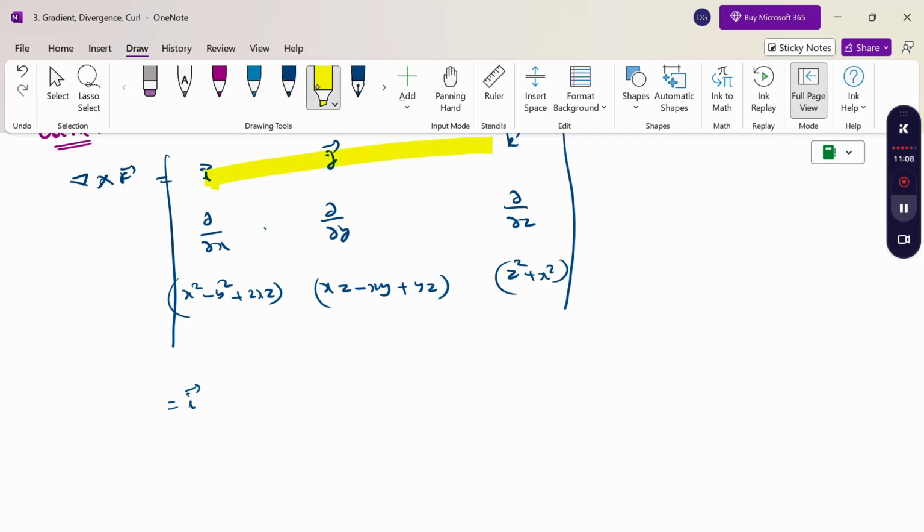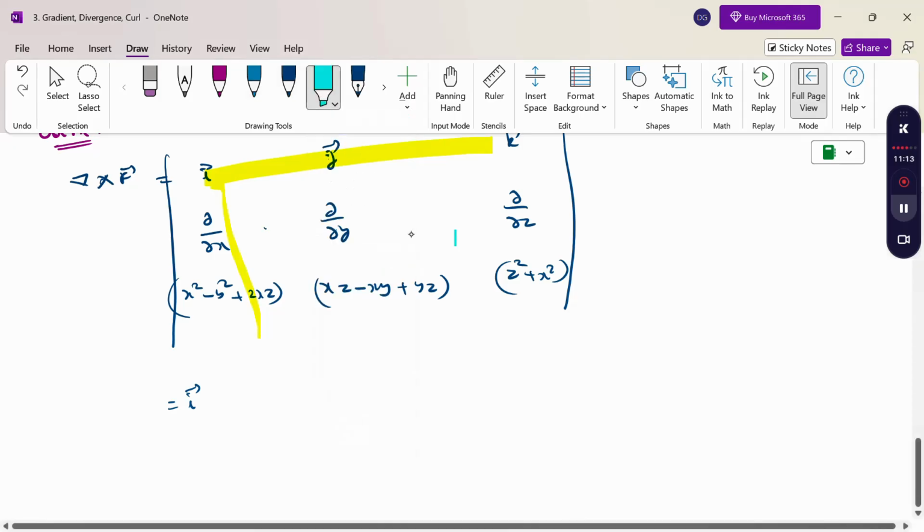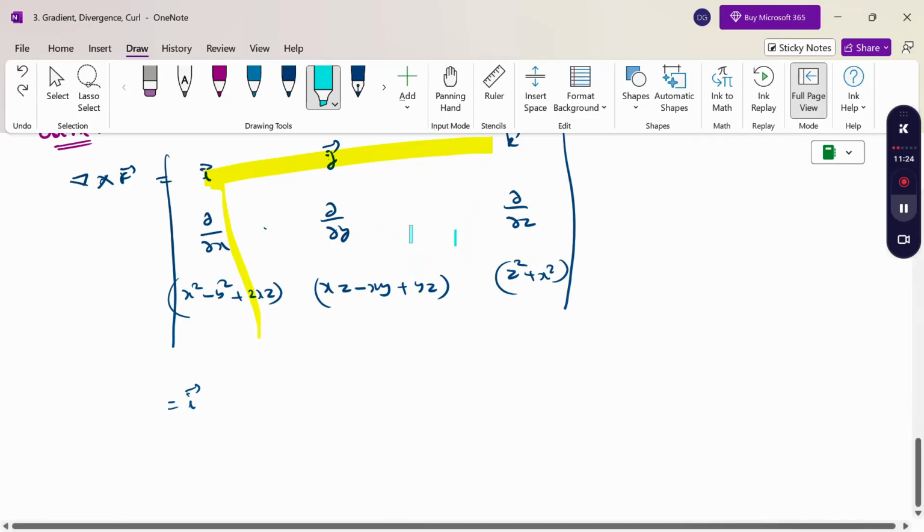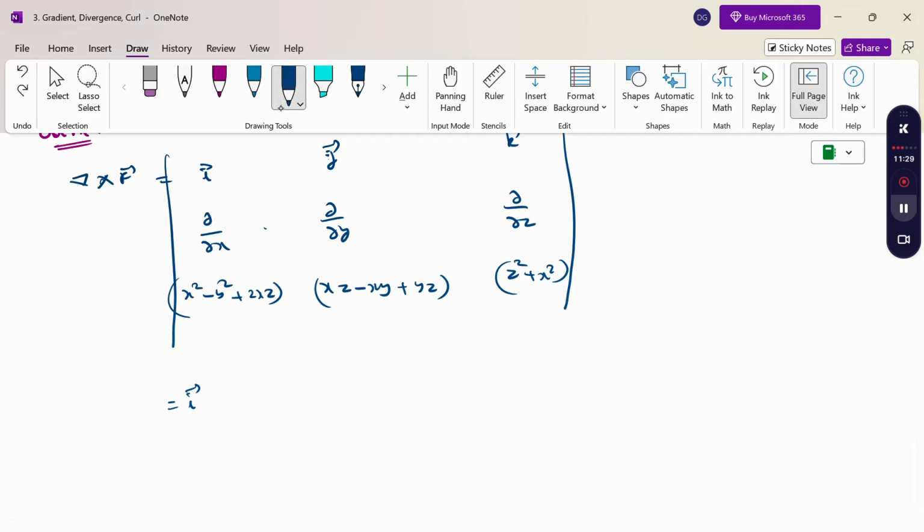row and column, and then the form is dou by dou y of this term minus dou by dou z of this term. So how to write this? See, leave the column and row, therefore i vector dou by dou y of z square plus x square minus dou by dou z of xz minus xy plus yz.